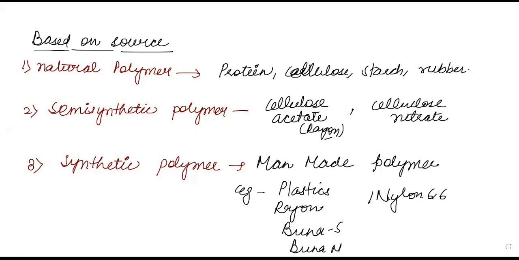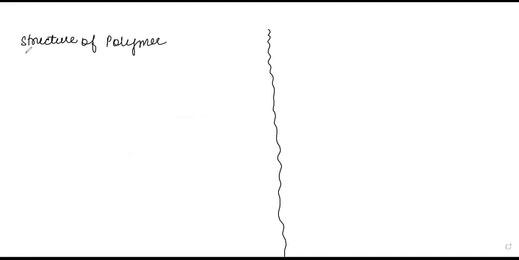Now the next category that I am going to talk about. Please write down, depending upon the structure of polymer. If we are talking about structure of polymer, then we have linear polymer and branched chain polymer.